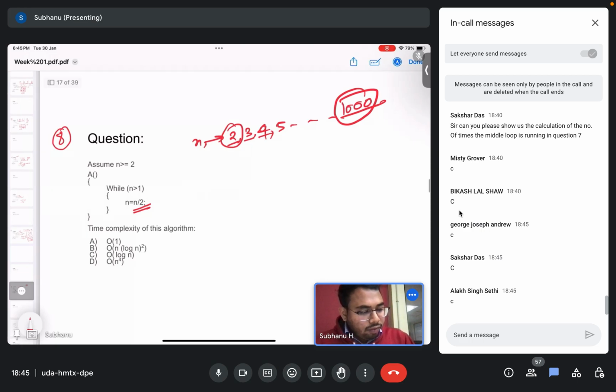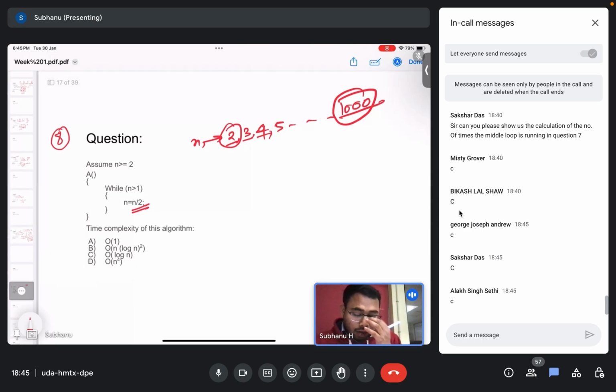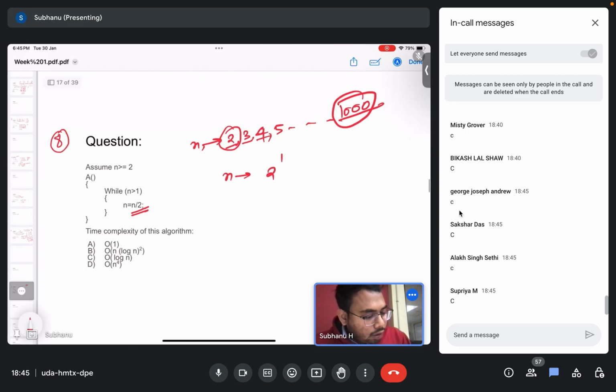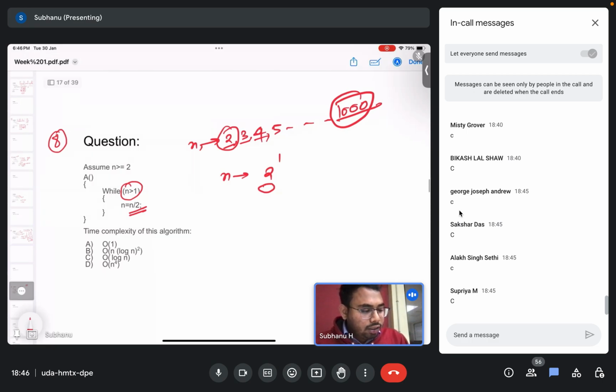So you can think in this way: if you start from n equal to 2 to the power 1, then you will check the condition, while n is greater than 1 or not. It will find that 2 is greater than 1, so it will come to n = n/2, and it will become 1.